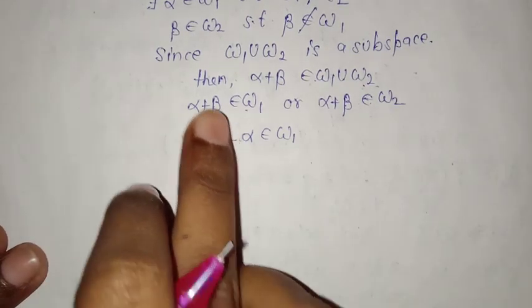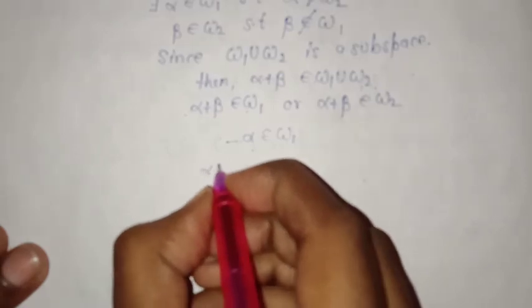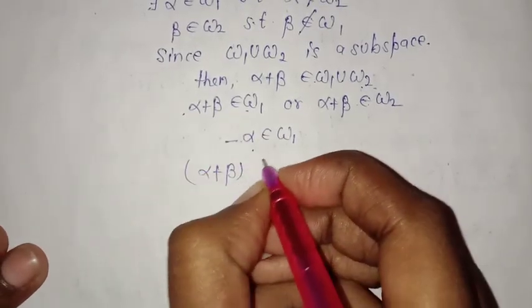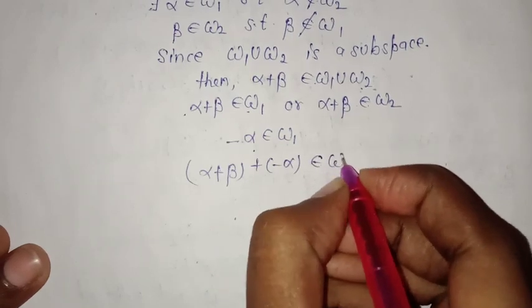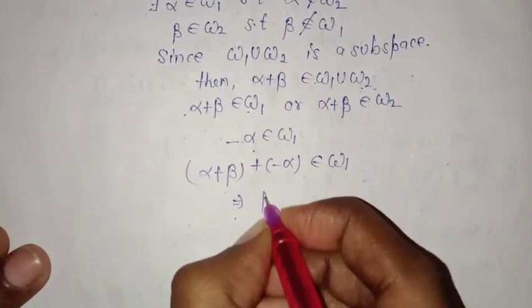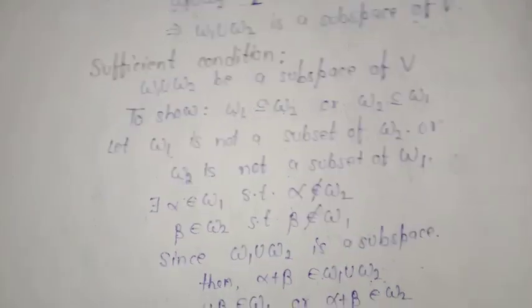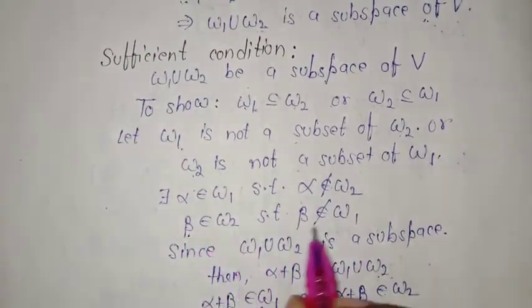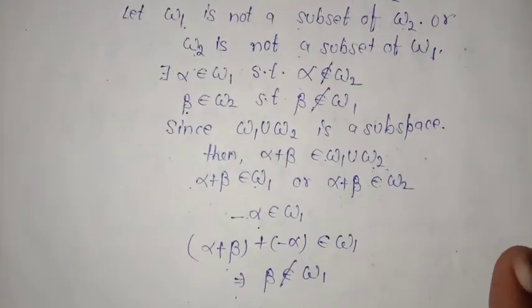So if I apply the vector addition over these two elements of W1, I get alpha plus beta plus minus alpha belongs to W1, and this implies beta belongs to W1. But at the start of the proof, we had taken that beta doesn't belong to W1. So we get a contradiction.